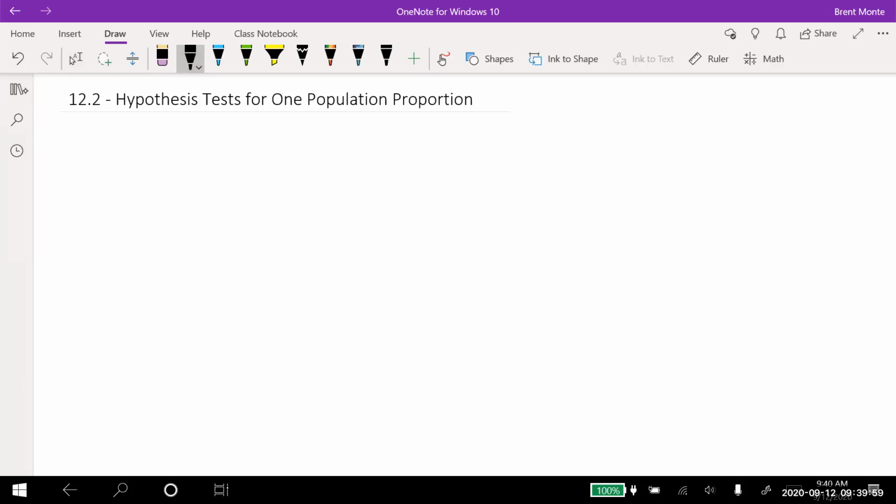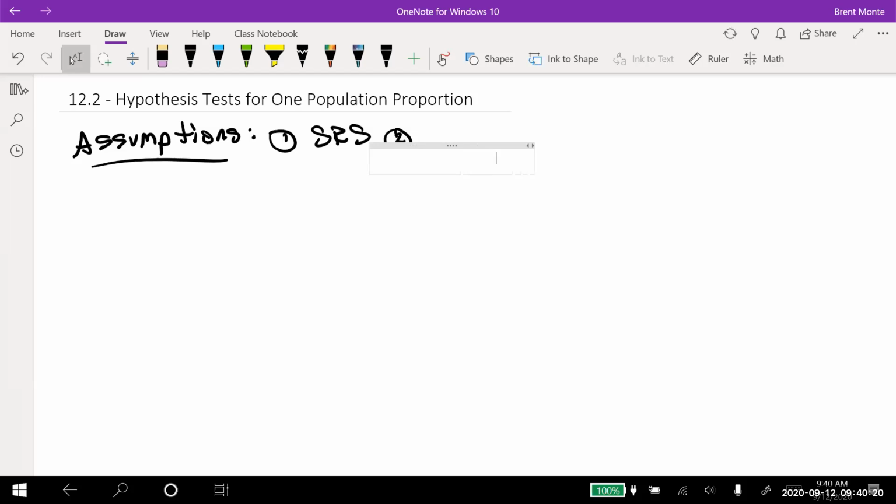Let's talk about the assumptions for our hypothesis test. 1, simple random sample. 2, now they write it this way because this is usually the data they give us, is they're going to say both n times p, and notice that's just x, and n times 1 minus p.